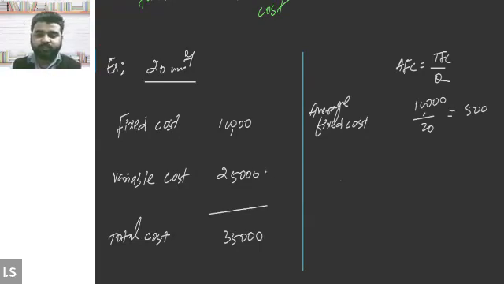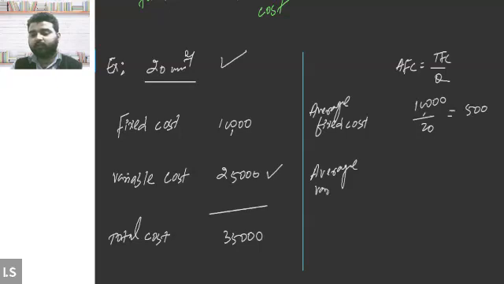It is given in the question that I have spent 25,000 for producing 20 units of output, but I wanted to know how much approximately I have spent on variable factors for producing 1 unit of output. So you can simply say, sir, basically you want to know the average variable cost.